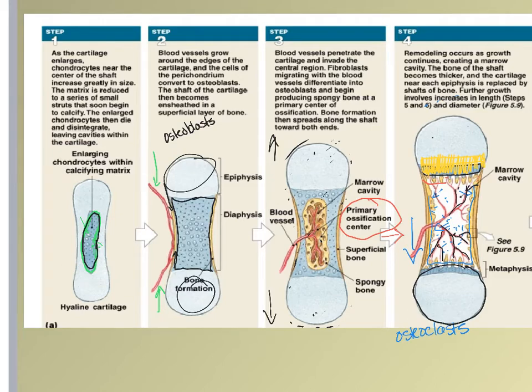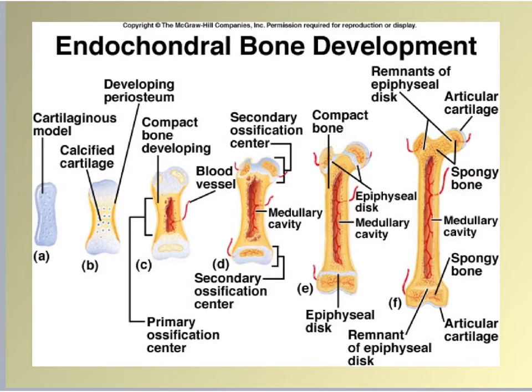Okay, so let's go ahead and look at the next picture too. That will show you just a different view of how this process occurs, where you have this hyaline cartilage template that you begin with, and eventually, blood vessels come in and they turn that perichondrium to periosteum.